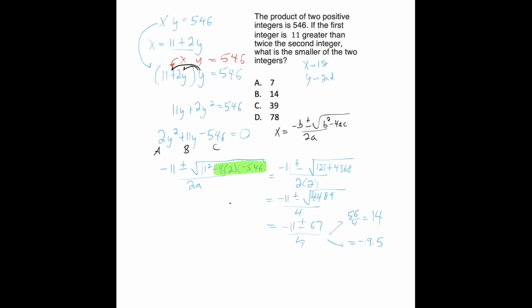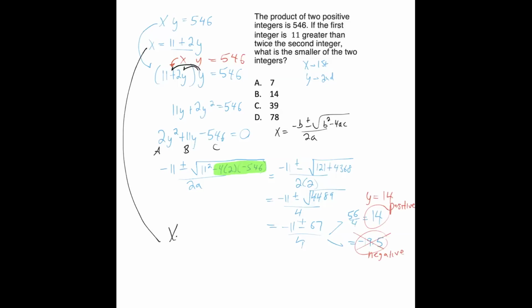Now we know these are positive integers. So we're going to pick the 14. So y is 14 because that's the positive one. We got one negative answer, but we were told from the beginning that our answer couldn't be negative for either integer.